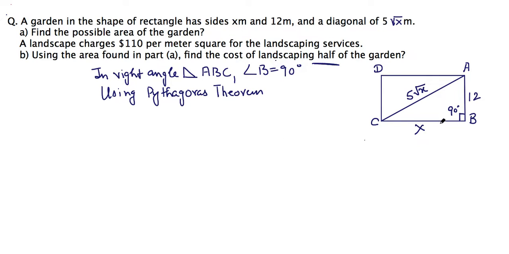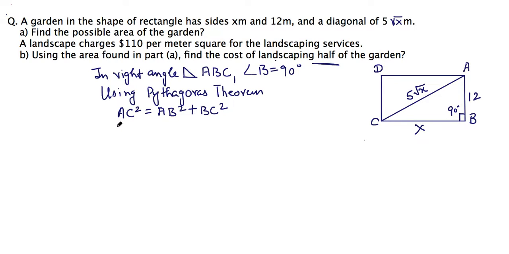Pythagoras theorem says that the square of the length of the hypotenuse, where AC is the hypotenuse, is equal to the sum of the squares of the lengths of the other two sides, here AB and BC. So AC square is equal to AB square plus BC square, right? This is using the Pythagoras theorem.